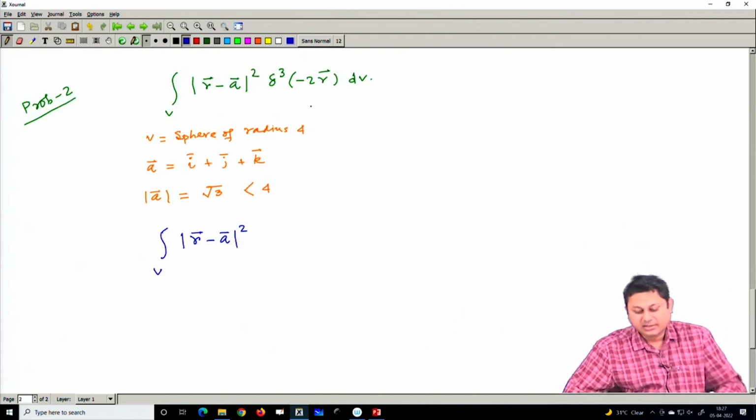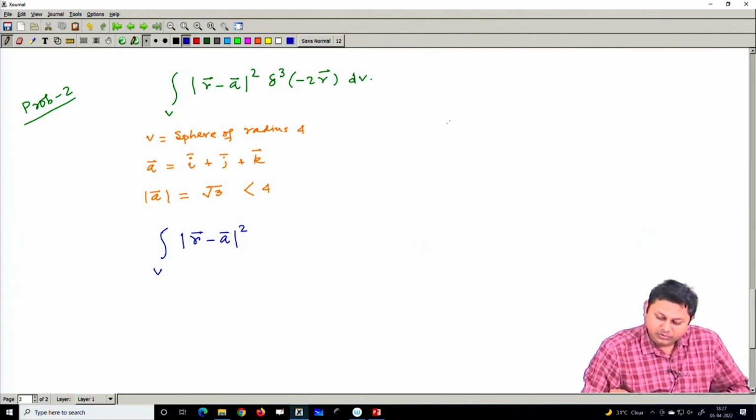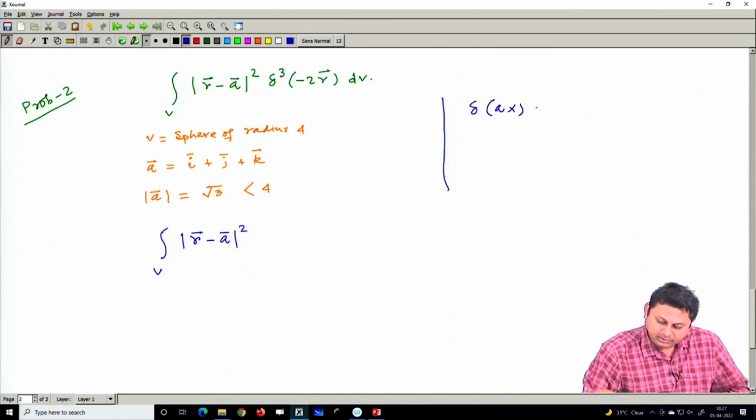So, we already had the identity regarding delta, and that is delta of Ax was 1 divided by mod of A times delta x, if I want to get rid of this constant.